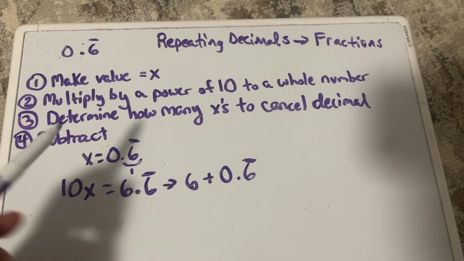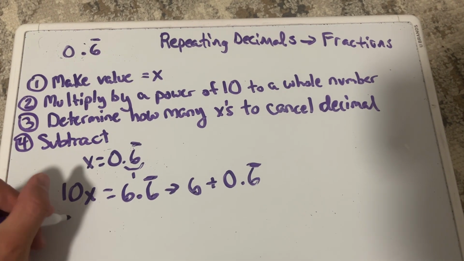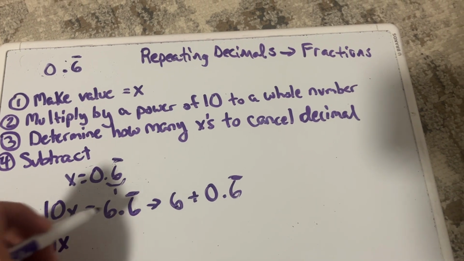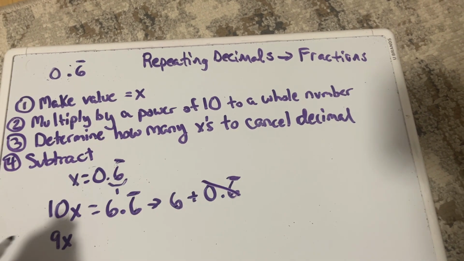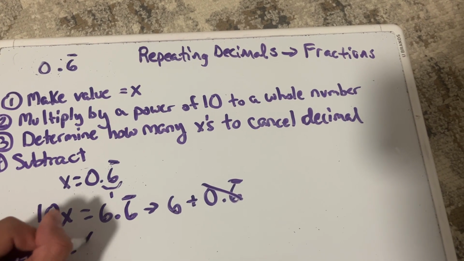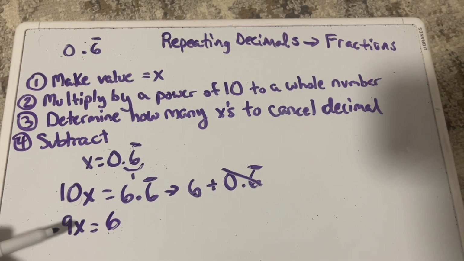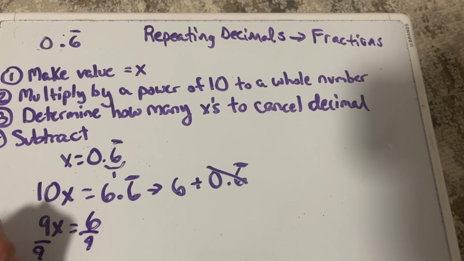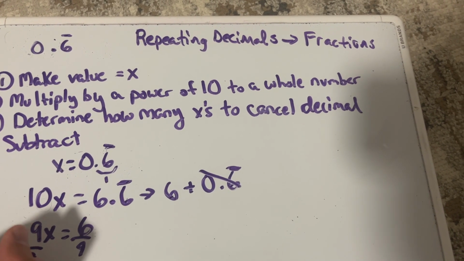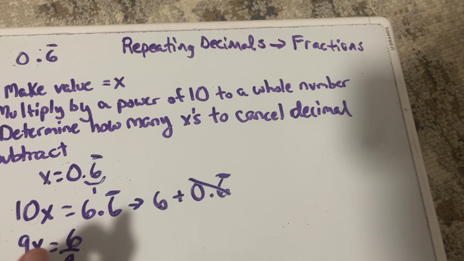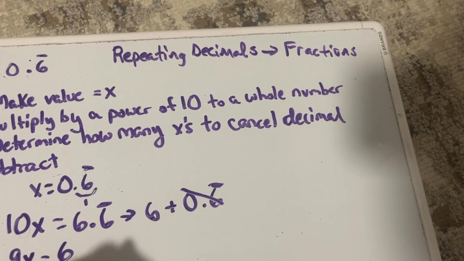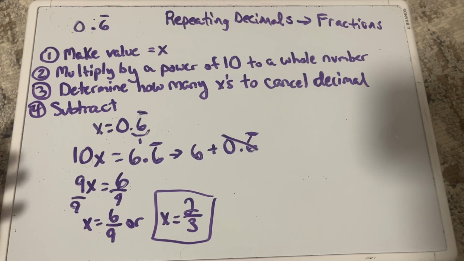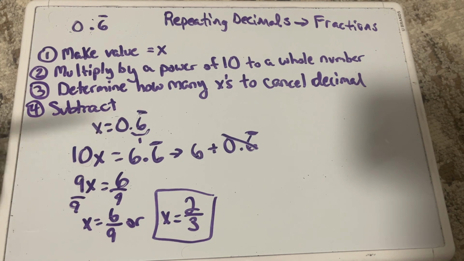Just 1. So I am taking away 1x from here, because now I'm going to cancel out that. So now it's 9x equals 6, divide by 9, and x equals 6 over 9, or x equals 2/3. So that's how we can turn a repeating decimal into a fraction. That's how I can solve for it.